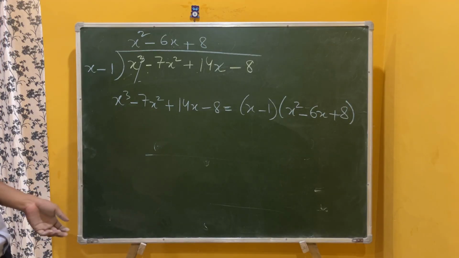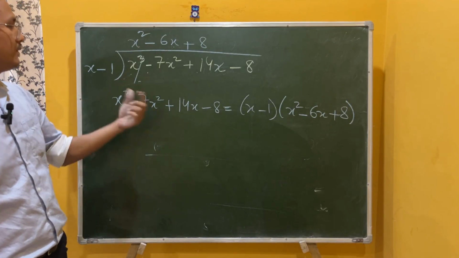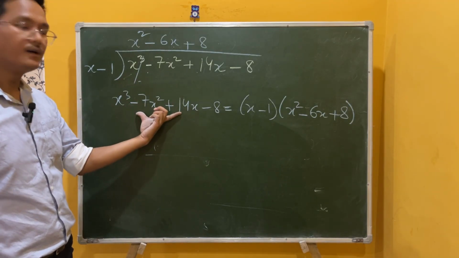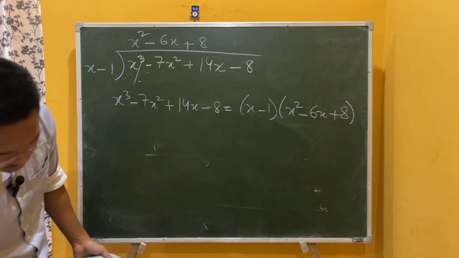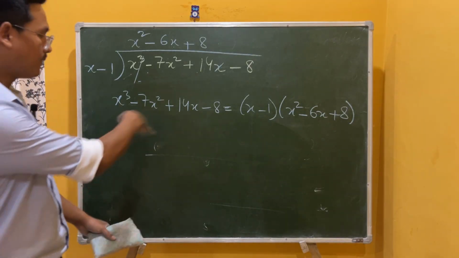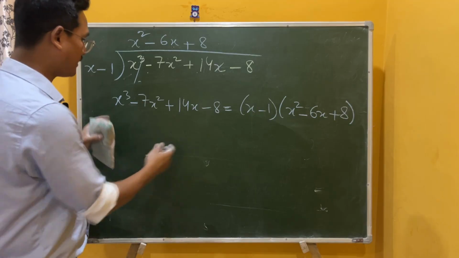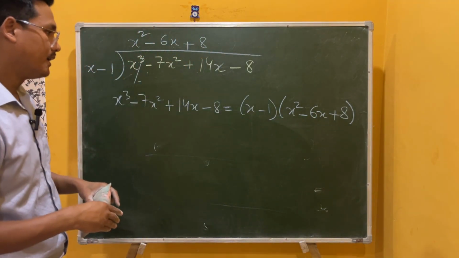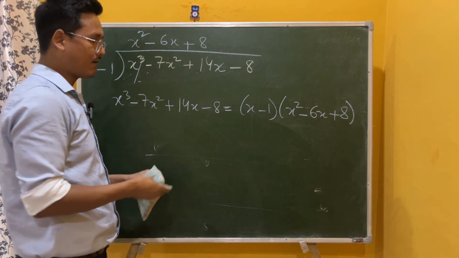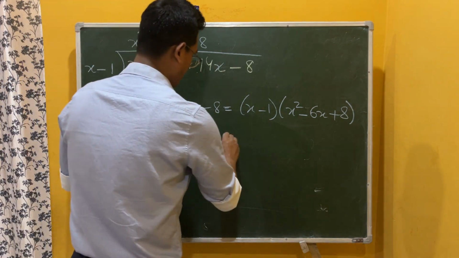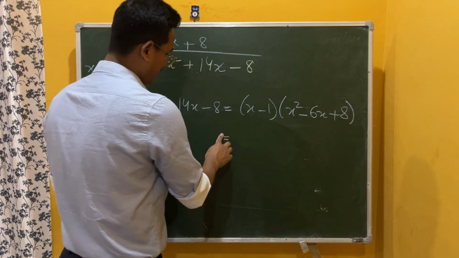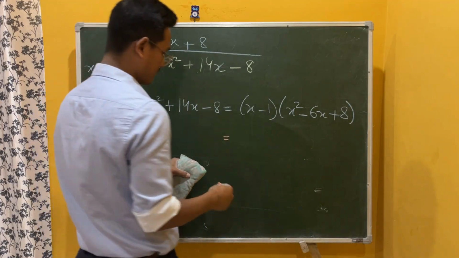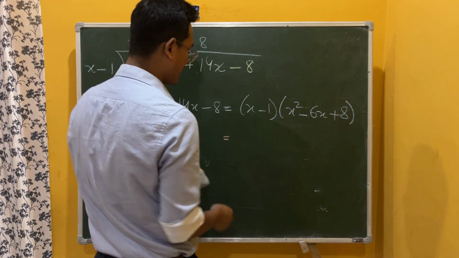You all agree? If I multiply these two, then this is going to be the product. So is it completely factorized? Means you showed the expression is something into something, but is it completely factorized? It may be, but you'll have to check whether it can further be broken down or further be factorized.